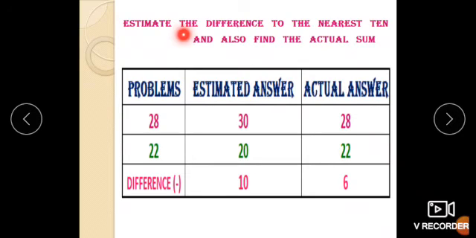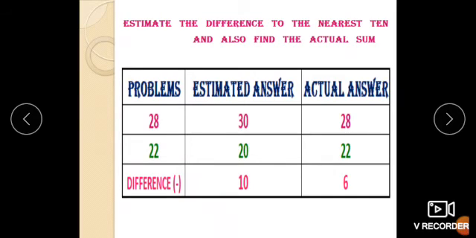Estimate the difference to the nearest 10 and also find the actual difference. Let us learn how to find the estimated difference and the actual difference. I give one example sum: 28 and 22.